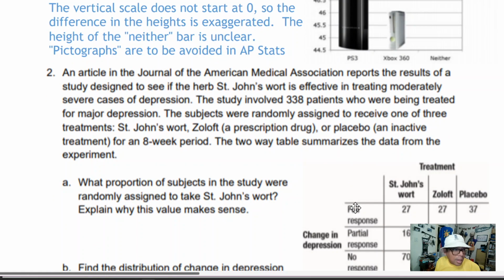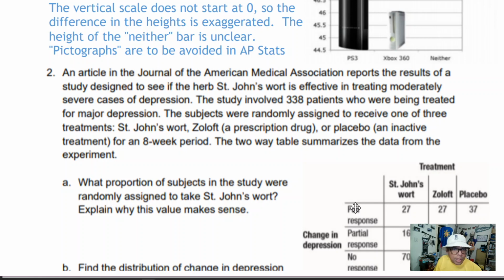Number 2. An article in the Journal of the American Medical Association reports the results of a study designed to see if the herb St. John's wort is effective in treating moderately severe cases of depression. The study involves 338 patients who were being treated for major depression. The subjects were randomly assigned to receive one of 3 treatments, either St. John's wort, Zoloft, or a placebo for an 8-week period.